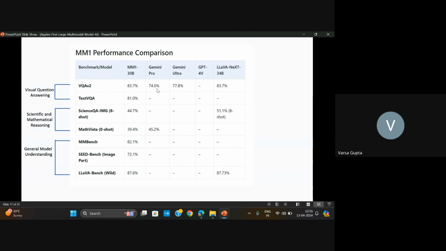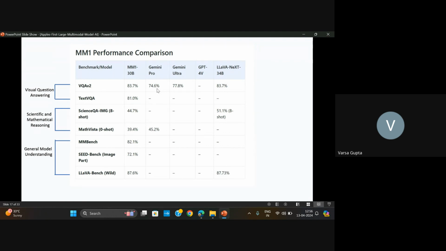And second, we see this also with text visual question answering. MM1 stands out of all the models present there. There is no comparison of MM1 with respect to text visual question answering. It scores 81.0%, which is a very good score, and it also shows its unique strength in text and image comprehension tasks.